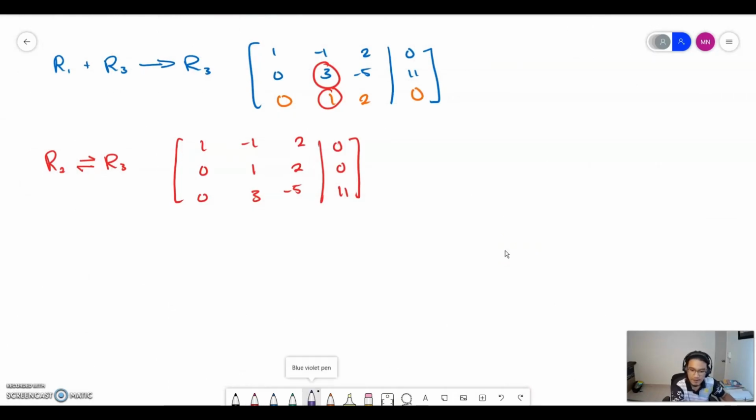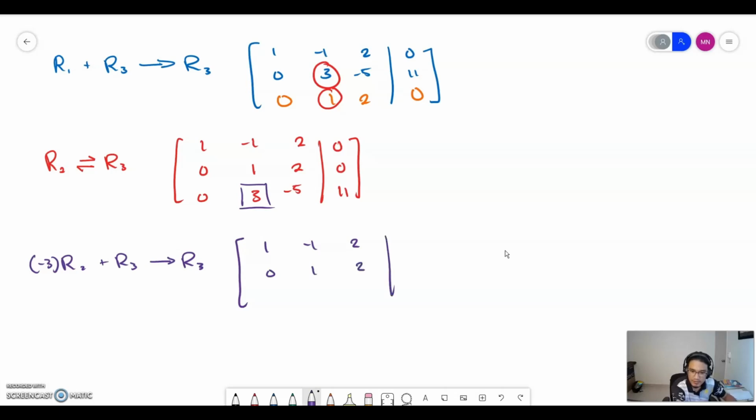Then we have to solve the number under the second leading diagonal and change it into 0. For that, we take negative 3, multiply row number 2 plus row number 3 becomes new row number 3. So firstly we just copy down the first and the second rows.